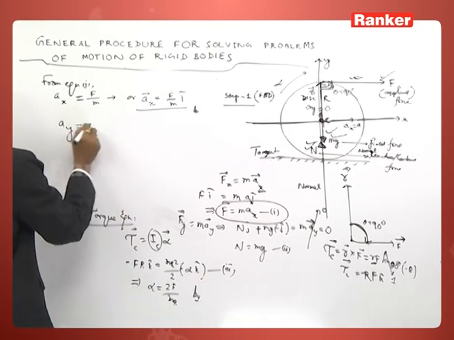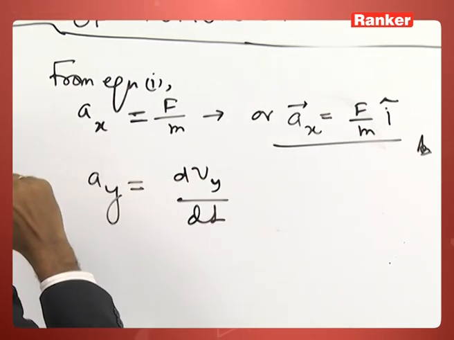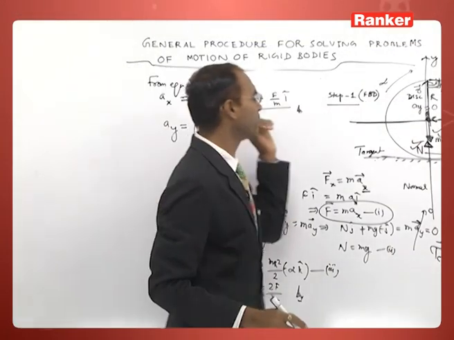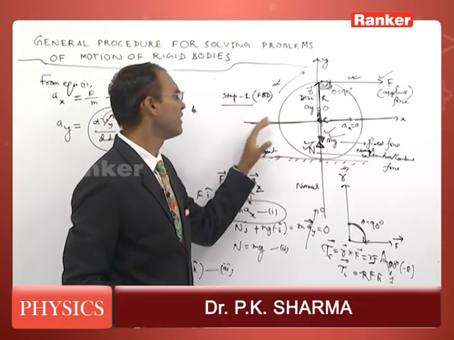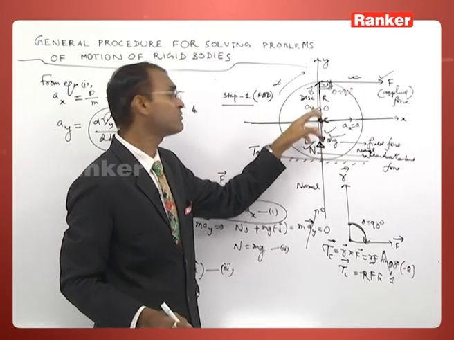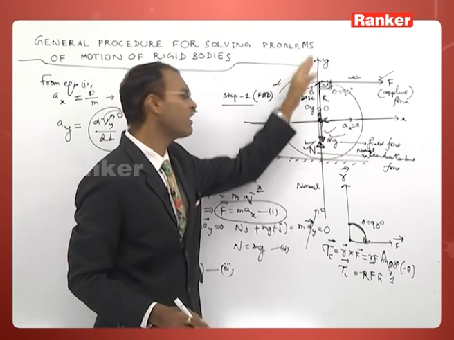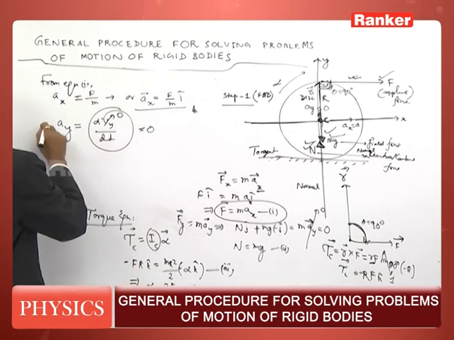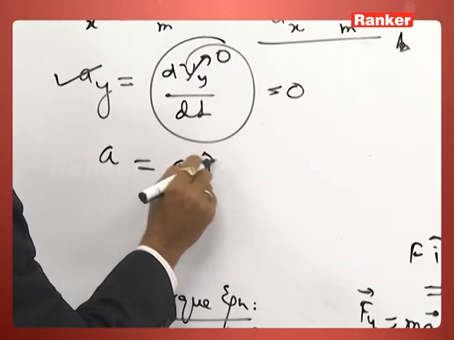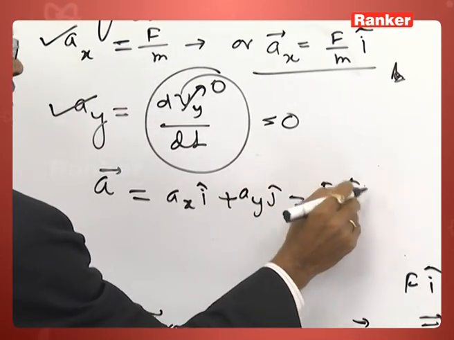So a y is equal to d v y upon d t, and since v y is 0, this factor will be 0. Mathematically, you can write it like that, or by studying the physical situation, we can understand that this point doesn't move along this direction. Therefore, it has no component of the velocity and acceleration along y direction. A y is 0, a x is this. So the acceleration of the center of mass is equal to a x i cap plus a y j cap is equal to F by m i cap. Answer.